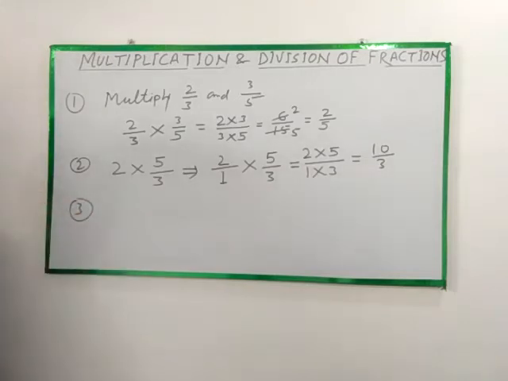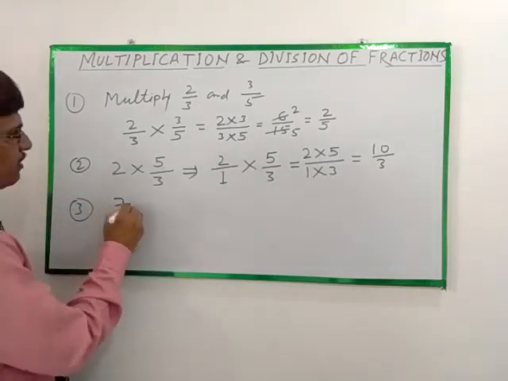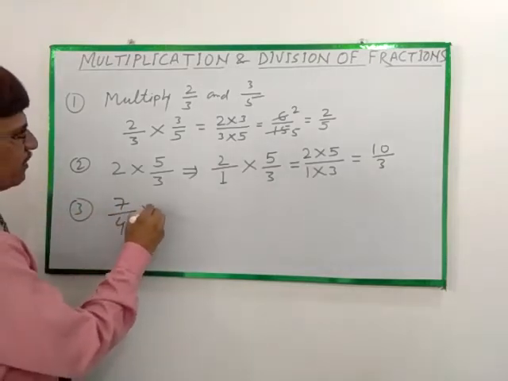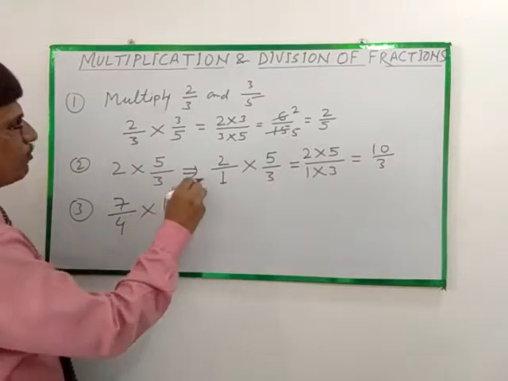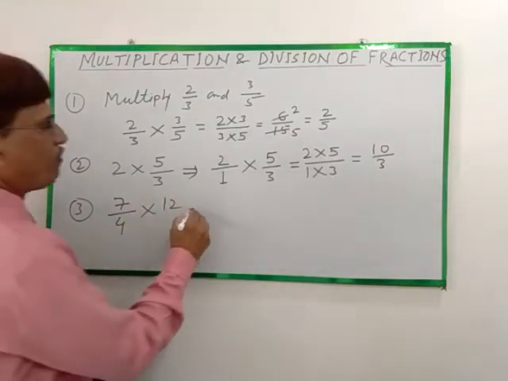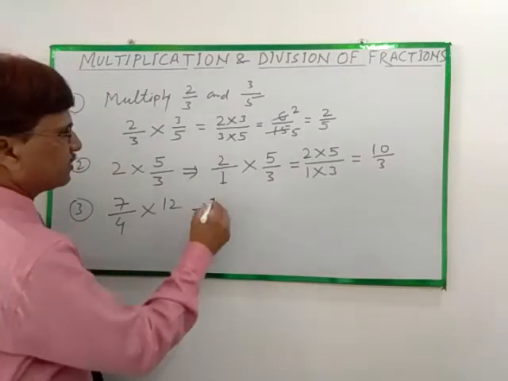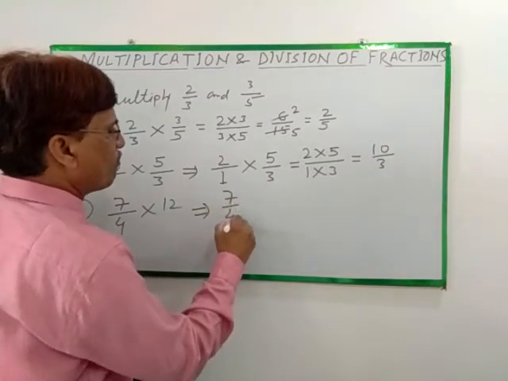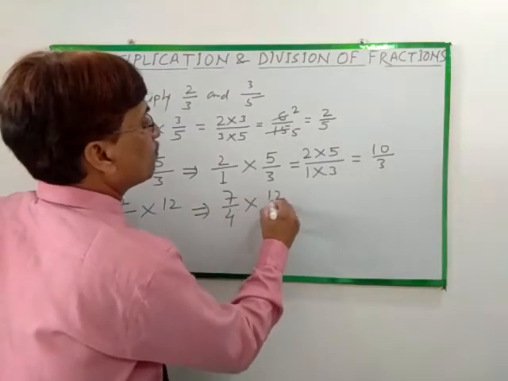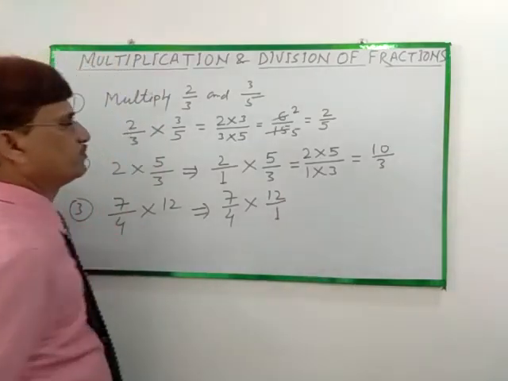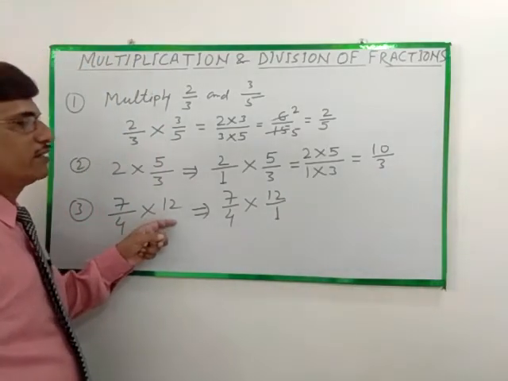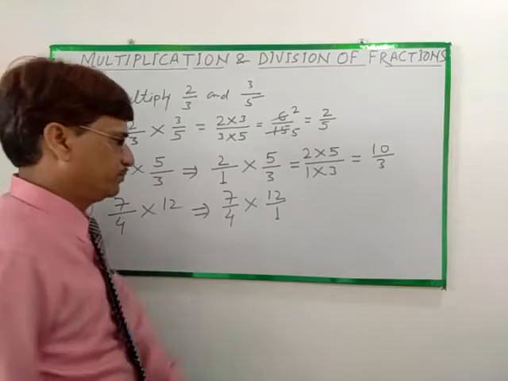Third, 7 upon 4 into 12. Same, 7 upon 4 into 12 upon 1. We have to write 12 as 12 upon 1.